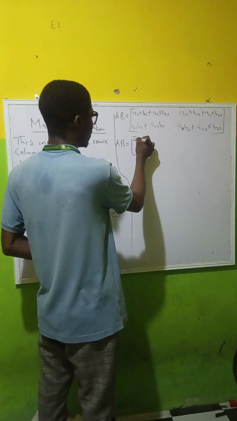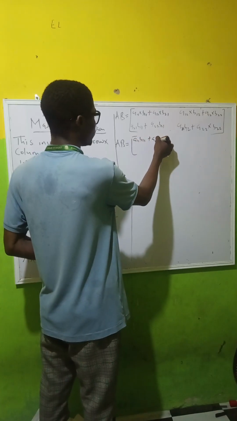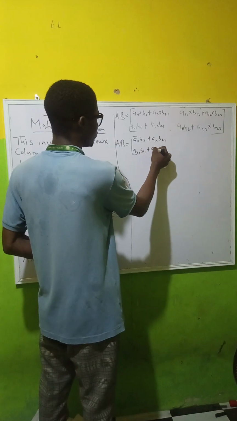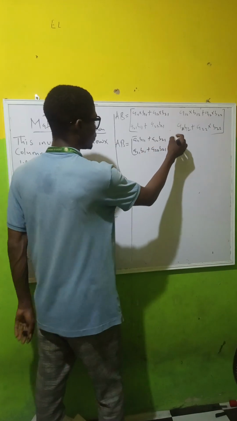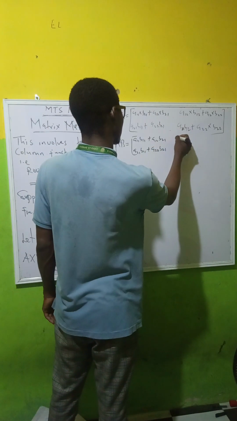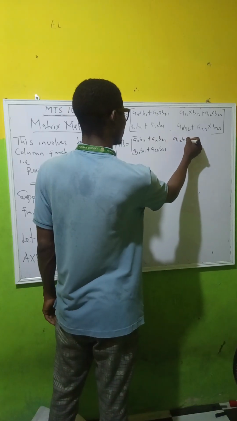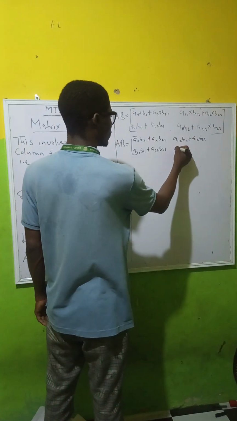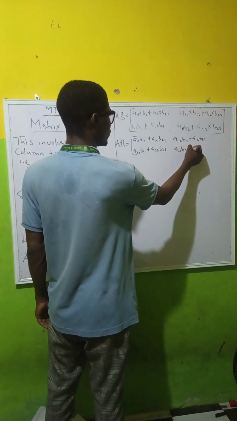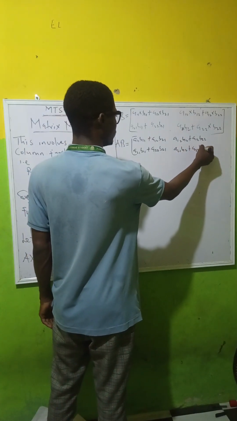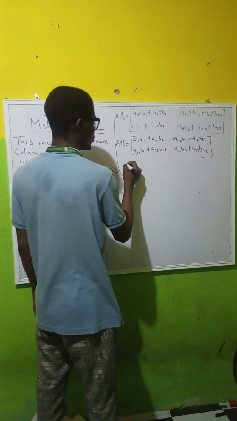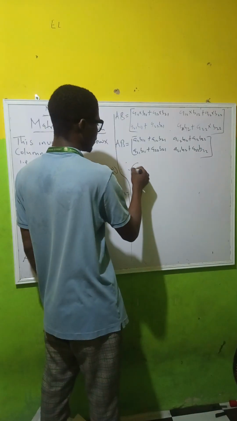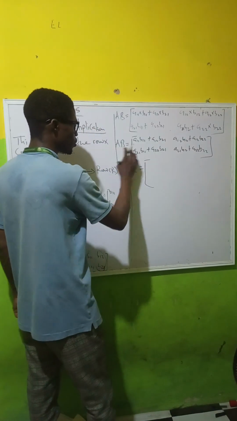So now this one gives us A11 B11 plus A12 B21, A21 B11 plus A22 B21. Then this one is what? A11 B12 plus A12 B22. This one is what? A21 B12 plus A22 B22. So therefore our C is equal to the result of this.